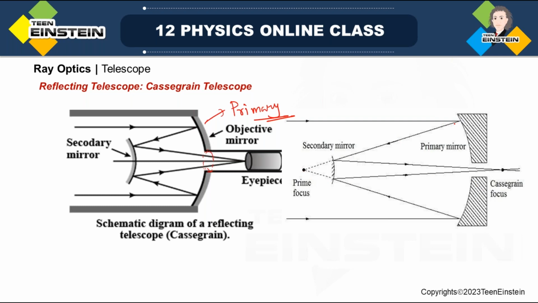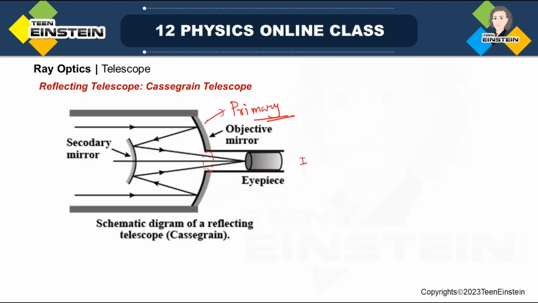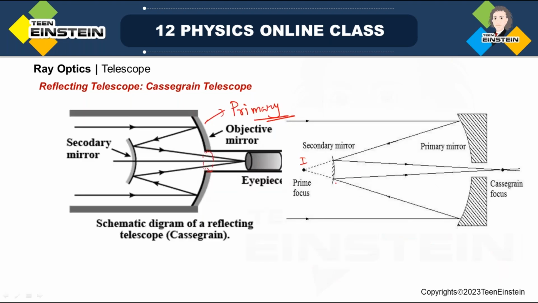Naturally, the parallel rays after reflection will come and meet over here and try to make an image. But here, instead of using a plane mirror as before, one convex mirror, which is called the secondary mirror, is kept just before the focus.